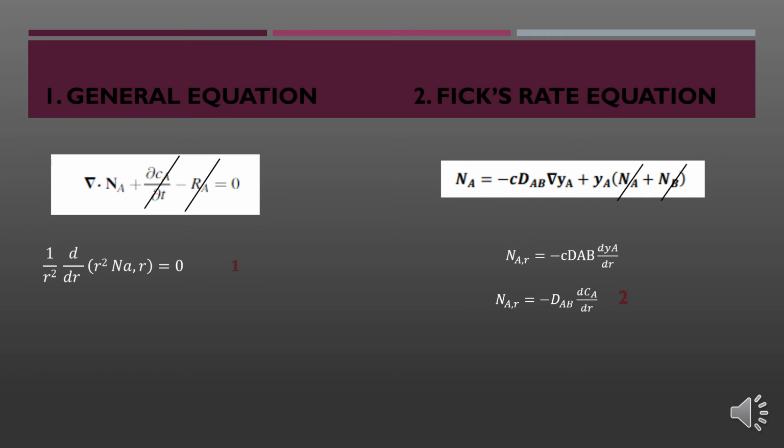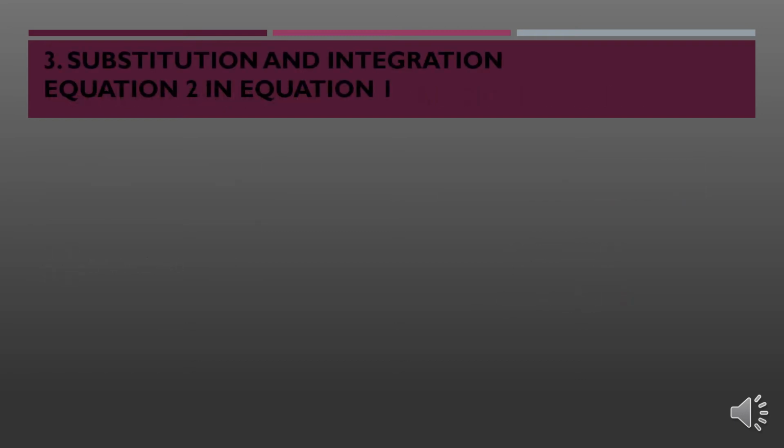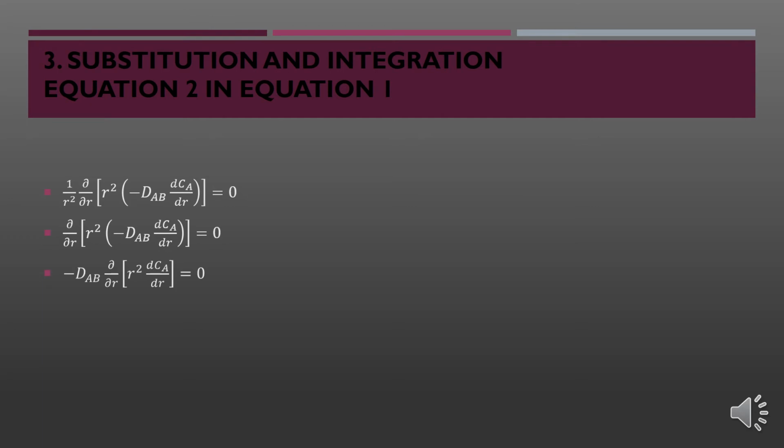So now that we have both equations simplified, the next step is to substitute equation 2 in equation 1. And the diffusivity is constant, so we know it's not taken into account for the integration.